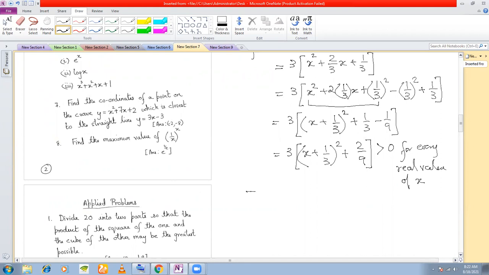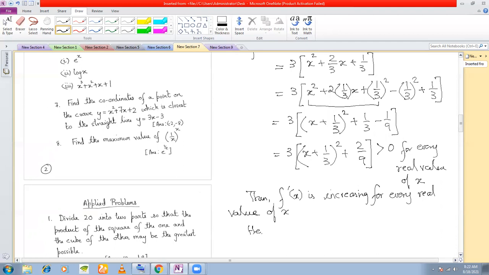Right? Thus, f dash x is positive for every real value of x.